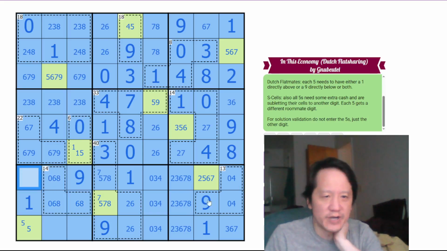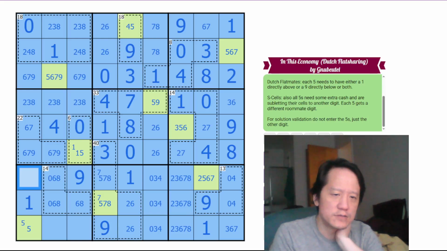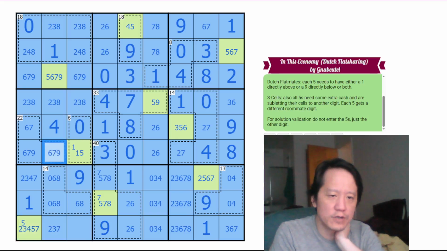Remaining digits in box 7 are what? 2, 3, 4, 7. No 4 here.